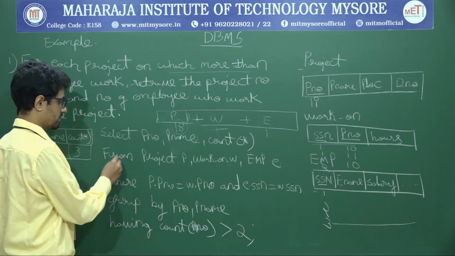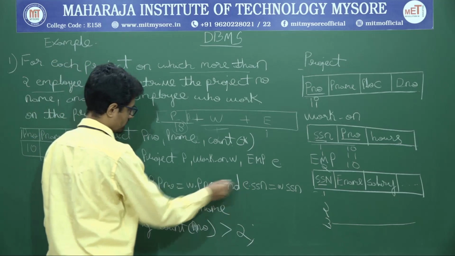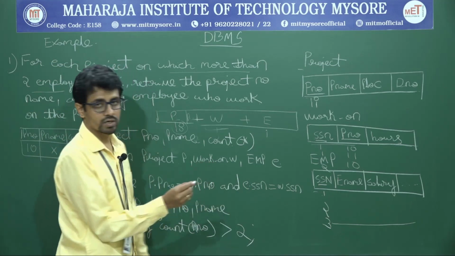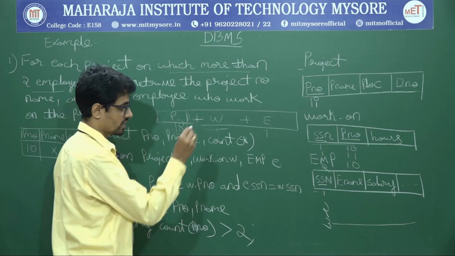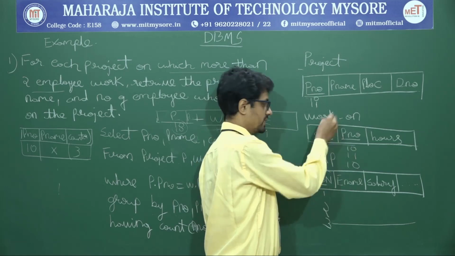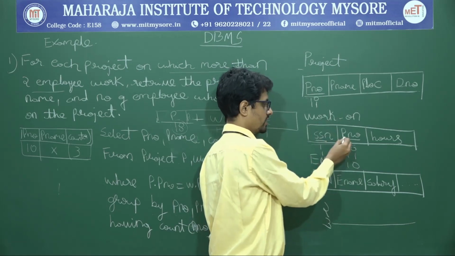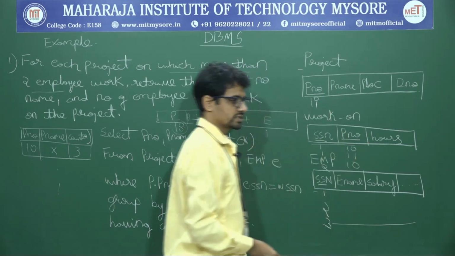Okay. So I have 3 tables. I have joined these 3 tables with the help of the works on table, because works on is called a relationship type, later a relation, because it has the combination of primary keys as its primary key. SSN is a foreign key, P number is a foreign key, because these 2 are primary keys in other tables, and they act together as a primary key.